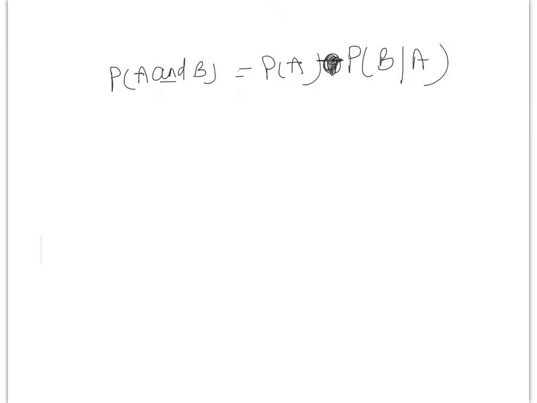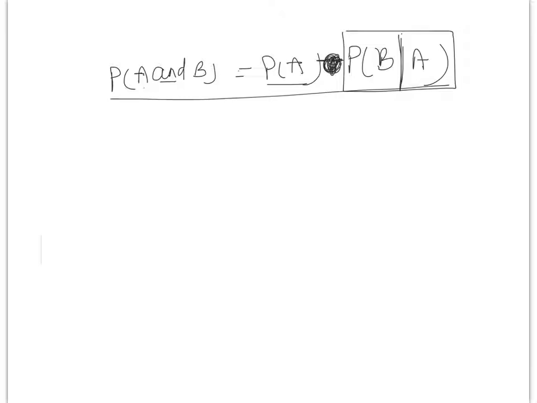Now let's look at this formula or rule. Probability of A and B is equal to probability of A times the probability of B given that A happened. Now, what if we had to find the probability of B given that A happened? We had to find that particular probability.